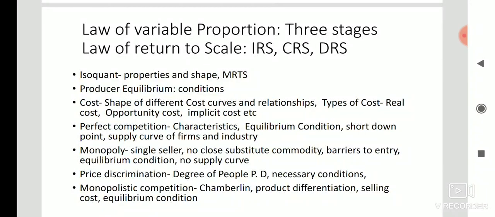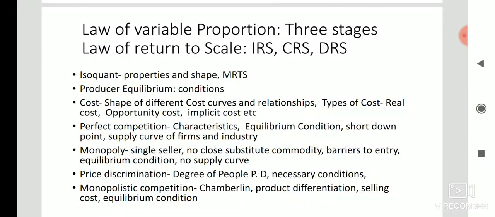Return to scale may be increasing return to scale, constant return to scale, or diminishing return to scale. Increasing return to scale means if output increases more than proportionately to the increase in input, then we call it increasing return to scale. Suppose input increases by 20% but output increases by more than 20%, then we call it increasing return.